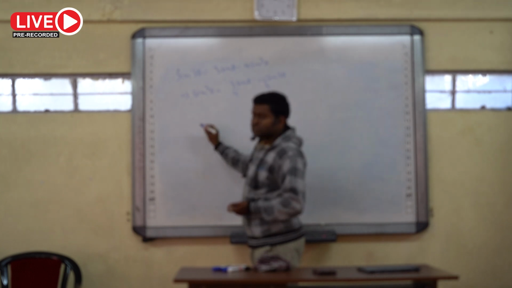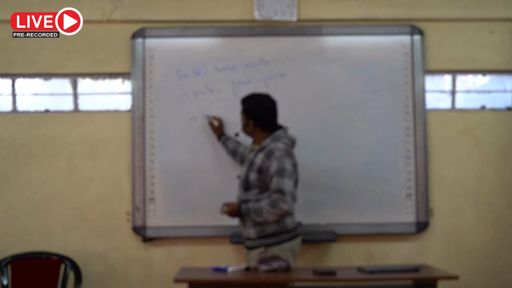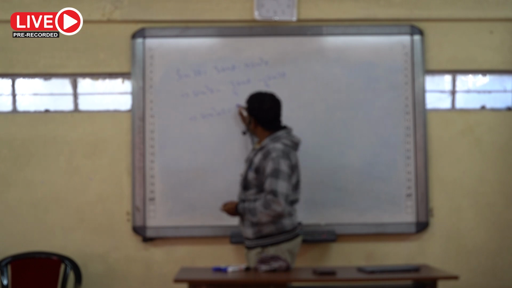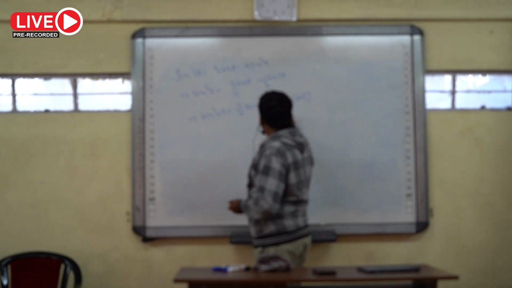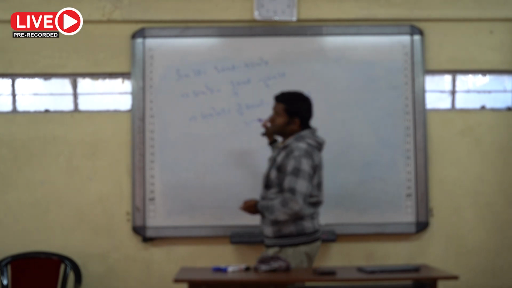Now theta can be substituted as omega t. So sine cube omega t equal to 3 by 4 sine omega t minus 1 by 4 sine 3 omega t. Individually these two are also SHM.